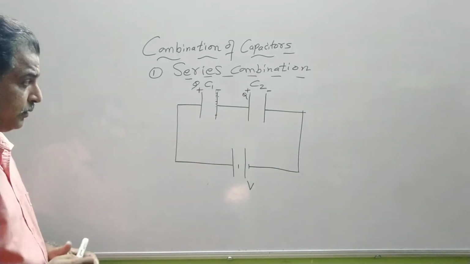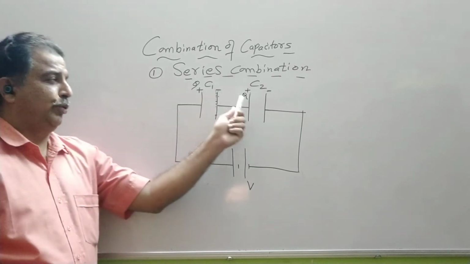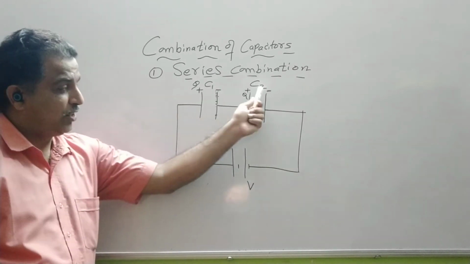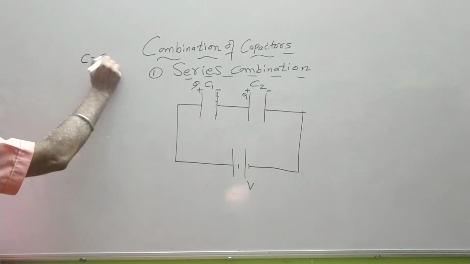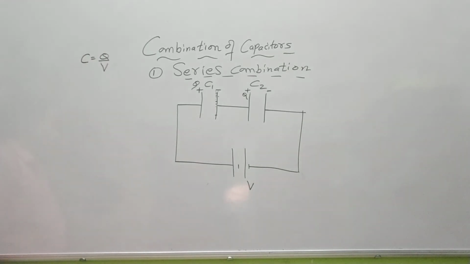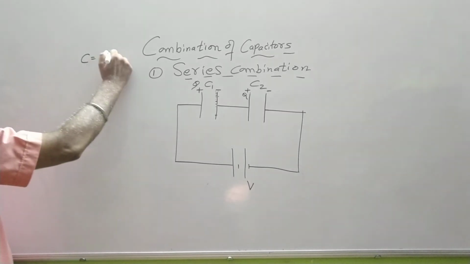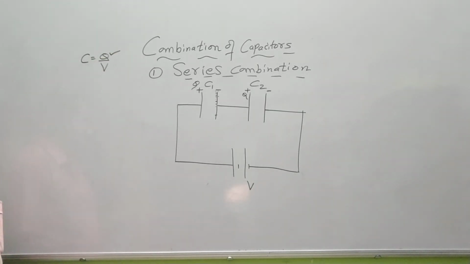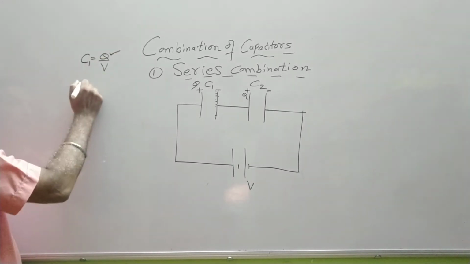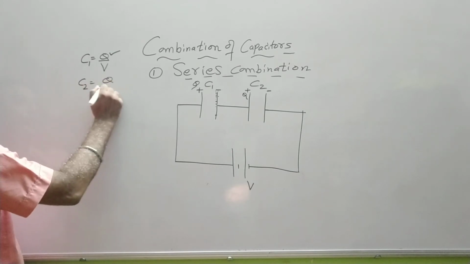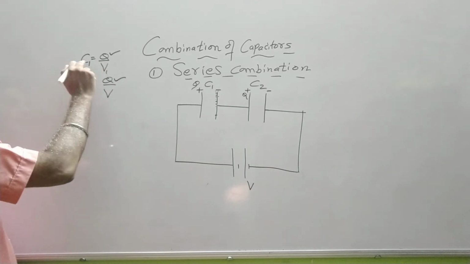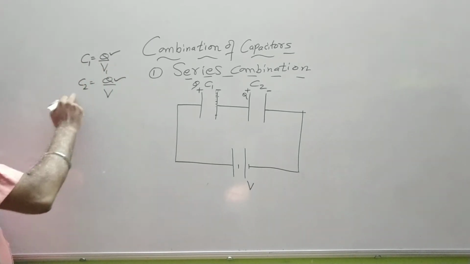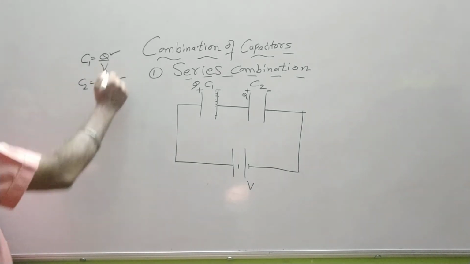Now in a series combination, Q is the same, while C1 and C2 are different, as we have taken. We know that C is equal to Q by V. Q is the same for both capacitors, but we need the value of C1 and C2 to be different, so V should be different.